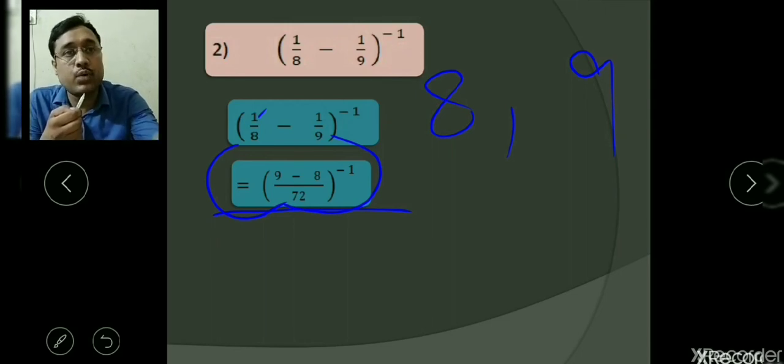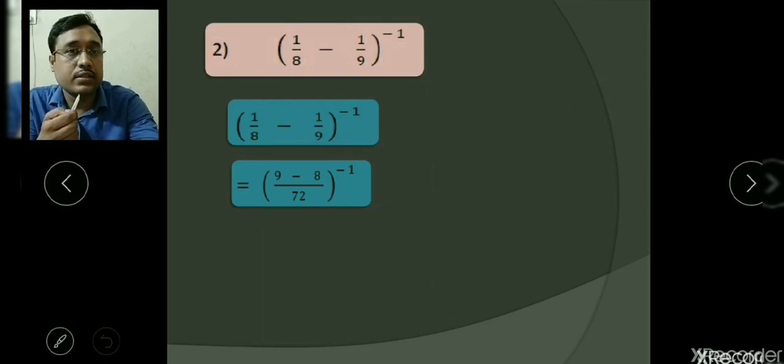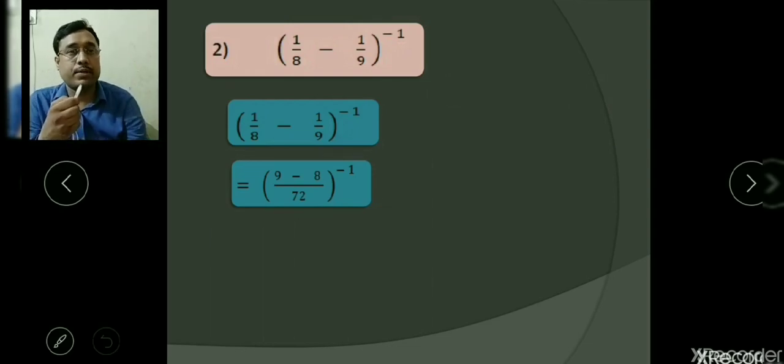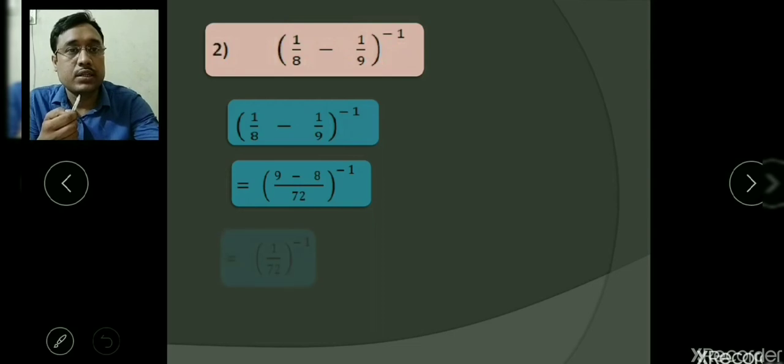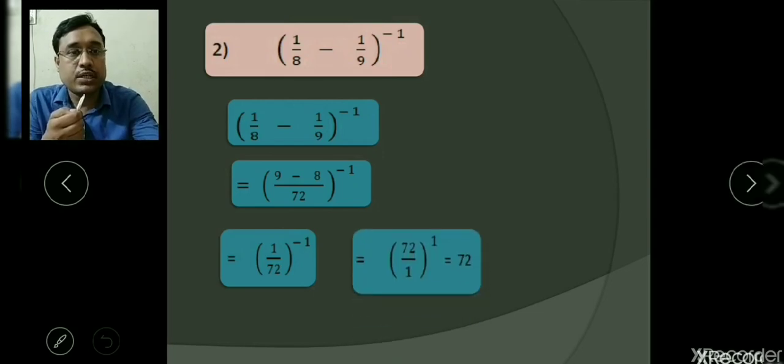Then 8 into 1. So the result is 9 minus 8. What result will you get? (9 minus 8 by 72) raised to the power minus 1. So that means it is equal to 9 minus 8 is 1, so (1 by 72) to the power minus 1. Okay, so now you will change the exponent sign from minus 1 to plus 1 here.